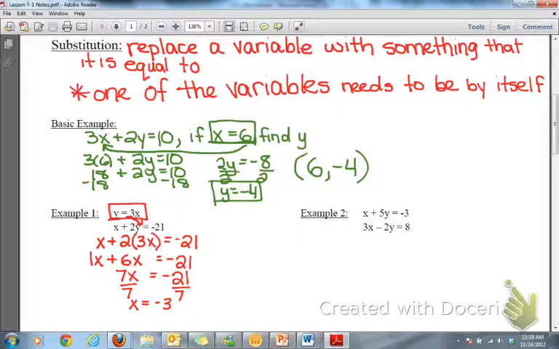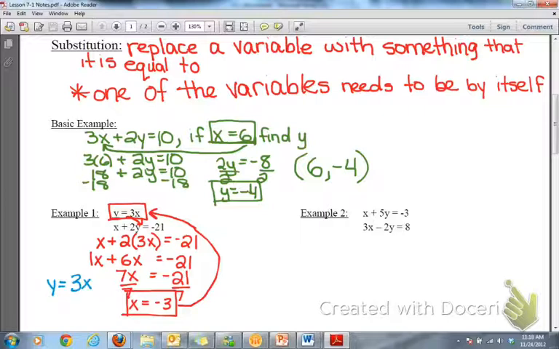So if I know that x equals negative 3, what I can do now is use substitution again, and I'm going to put negative 3 in place of x. I could do it into either one of the original equations, but I'm going to do it into the top one, because all I'm going to have to do to find y, it says y equals positive 3x.